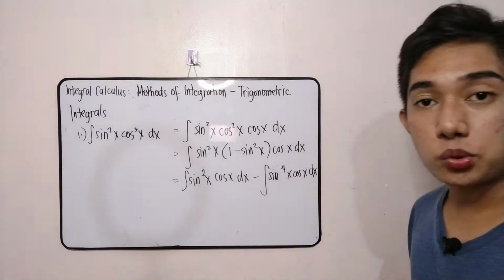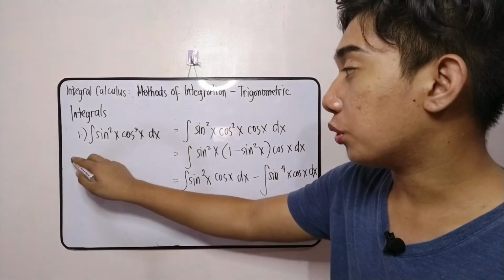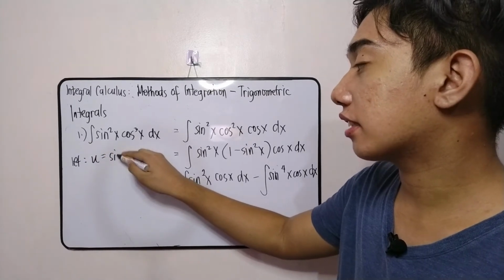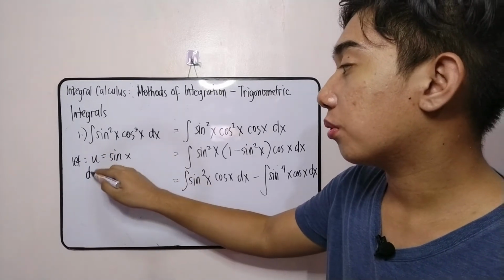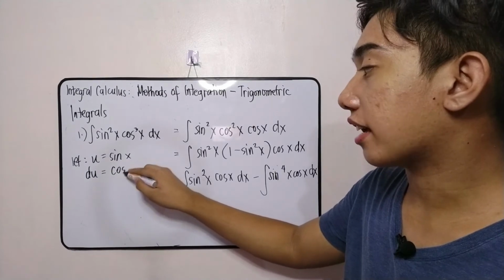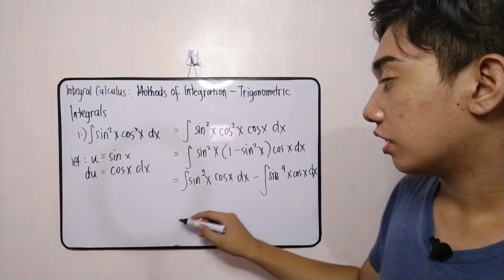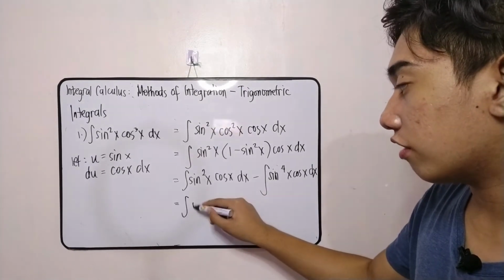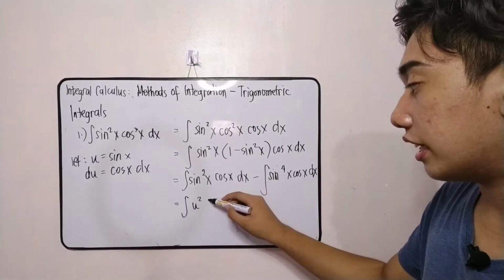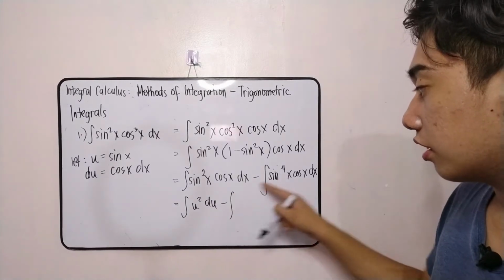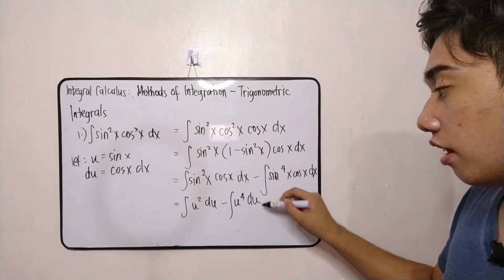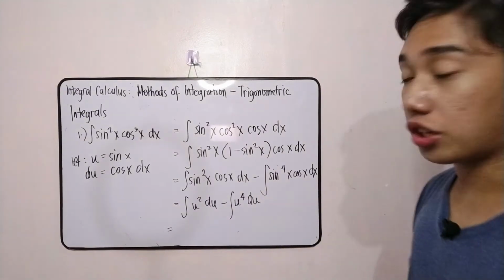So, for this case, we will use the u substitution. Let u be sine x, du is equal to cosine x dx for both functions. So, this becomes the integration of u squared du minus u raised to 4 du. And we can easily use our power rule.